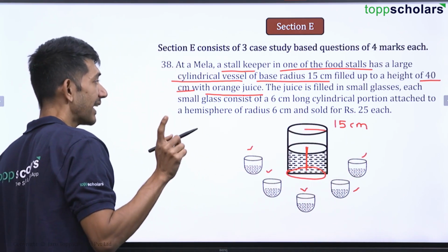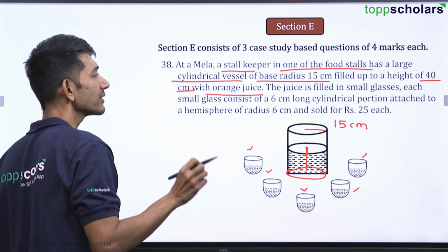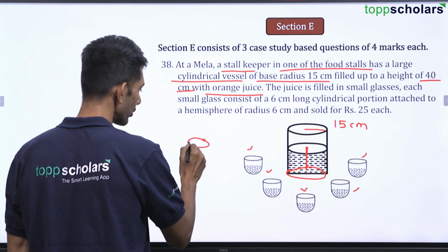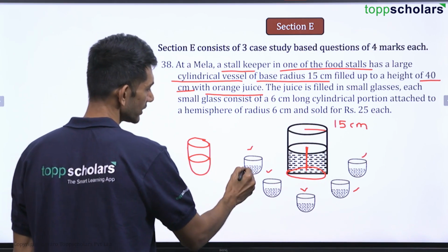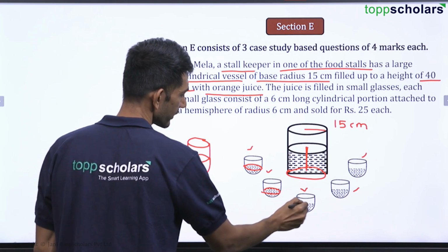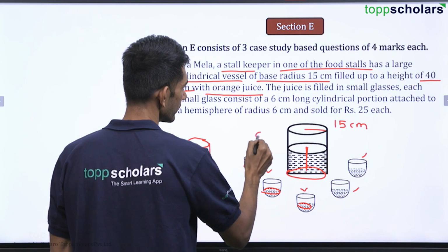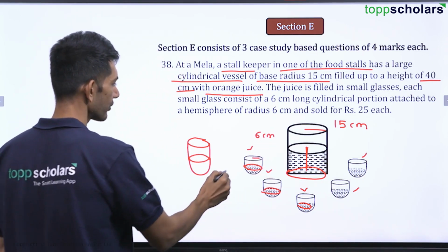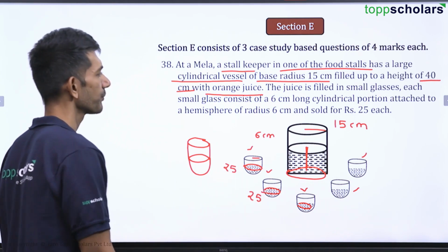The glass is such that each small glass consists of 6 centimeter long cylindrical portion attached to a hemisphere. So it is a combination of cylinder and hemisphere at the bottom. Cylinder plus hemisphere, right? Radius is 6 centimeter. And this is sold for 25 rupees each. So this is 25 rupees, this is 25 rupees, and so on.